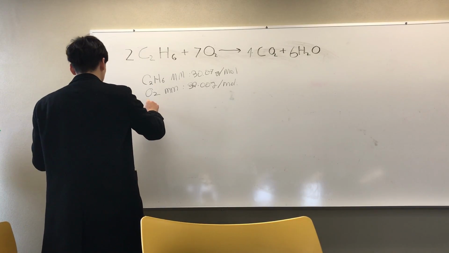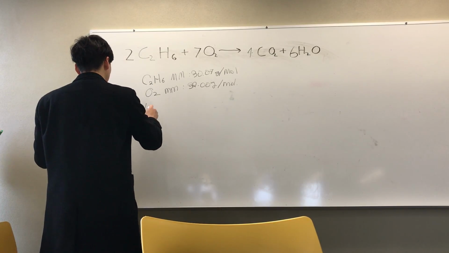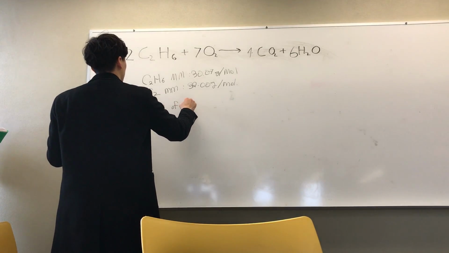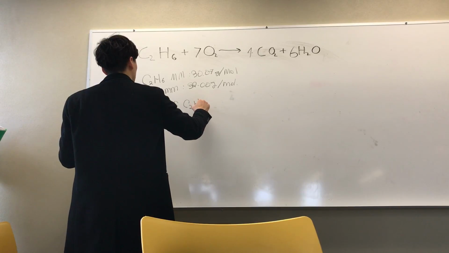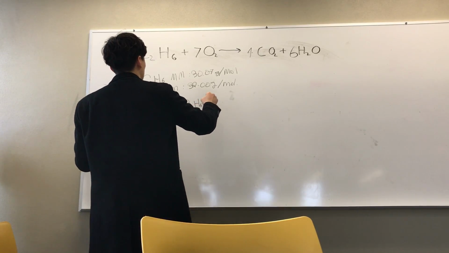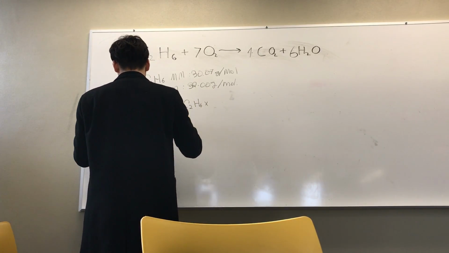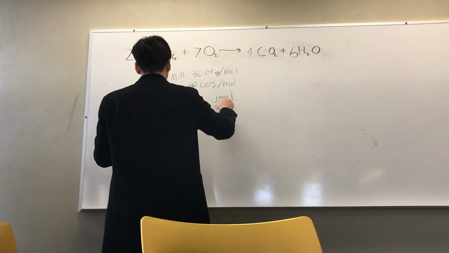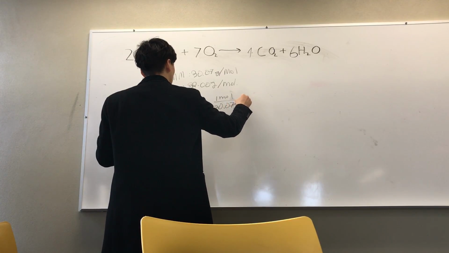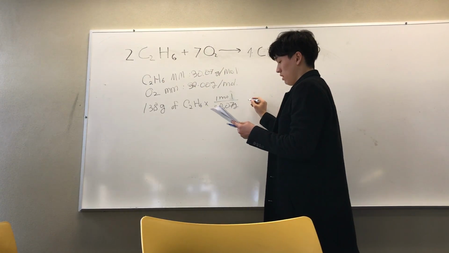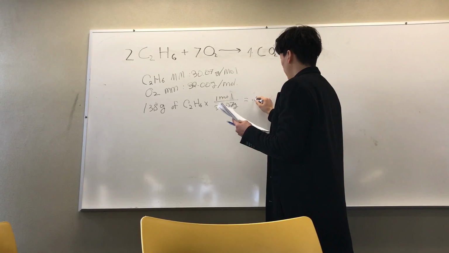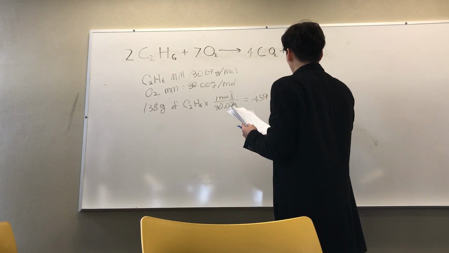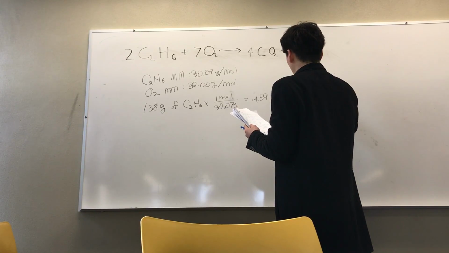So the given number is 13.8 gram of ethane, which is C2H6, times 1 mole over 30.07 gram, and this equals 0.405 mole of ethane, C2H6.